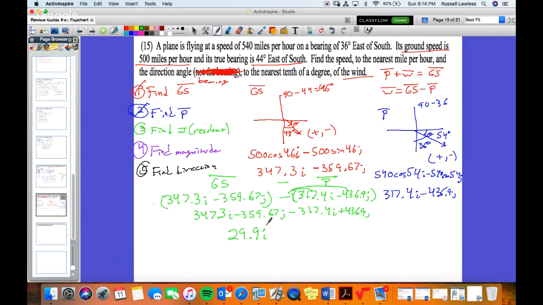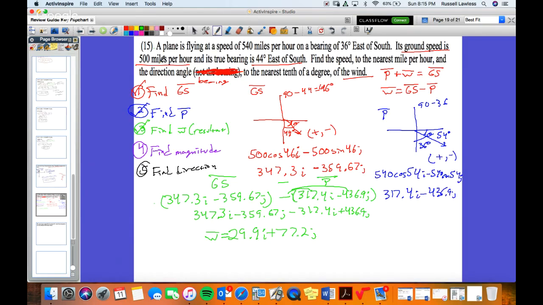And then for the j vector, we'll do 359.6, we'll just call that 0.7 plus 436.9 to get, oh, oops, I didn't do this subtraction, my bad. 77.2 j. And then that is our wind vector.